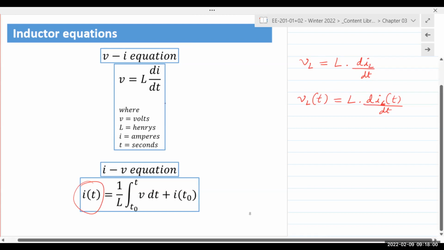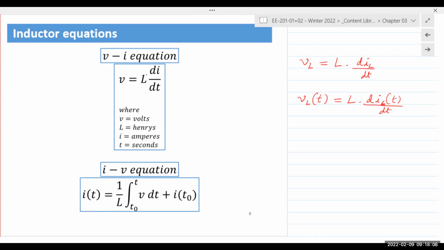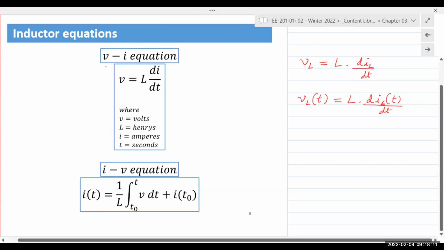Okay. So if we have voltage as the derivative of the current, given the voltage, if you want to find the current, well, you integrate both sides. So you integrate V, integrate L di over dt. L is a constant, you bring it outside, take it to the other side, and you rewrite the equation for I, and so we get this.